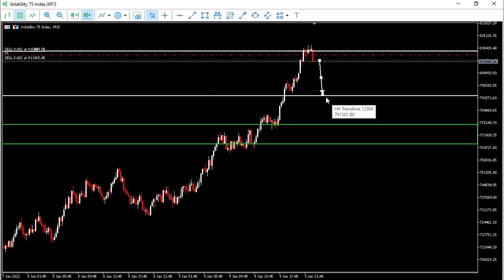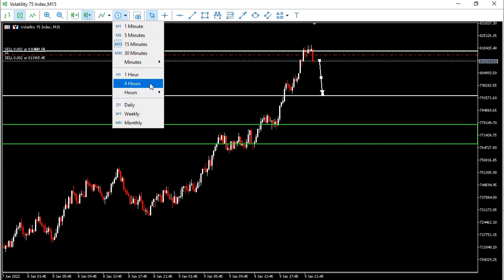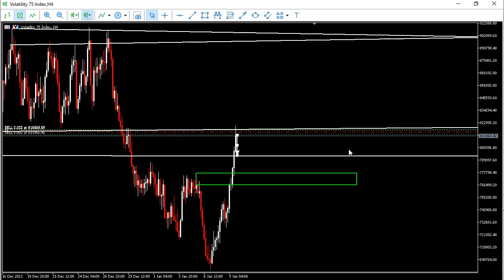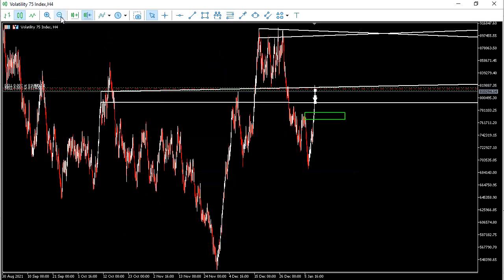As you can clearly see what's happening, if I go back to the 4-hour time frame, you would observe that price did not begin the U-turn on this line, on this zone, which is the base of the week, but rather it began the U-turn on the top of the week.